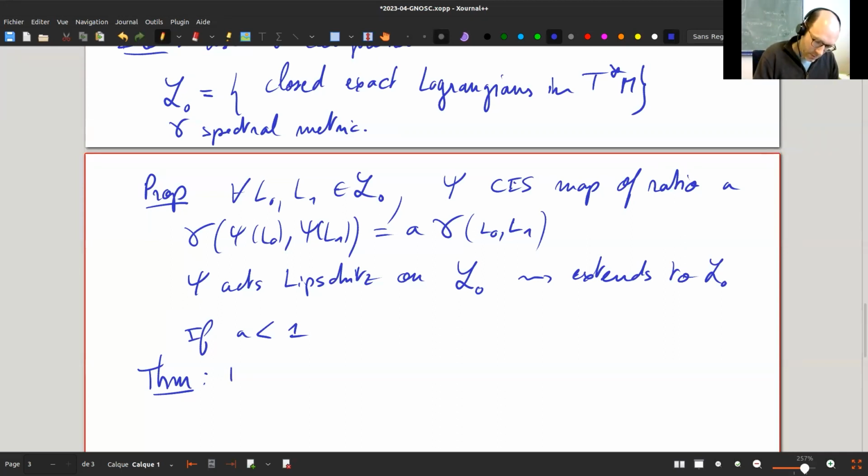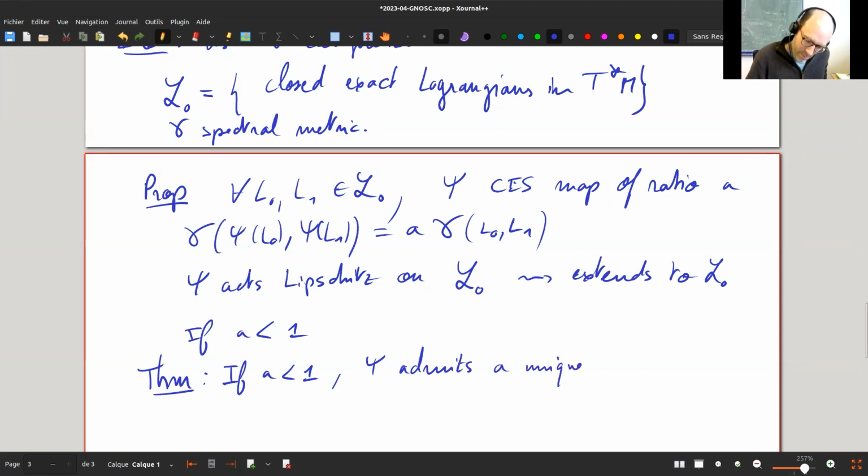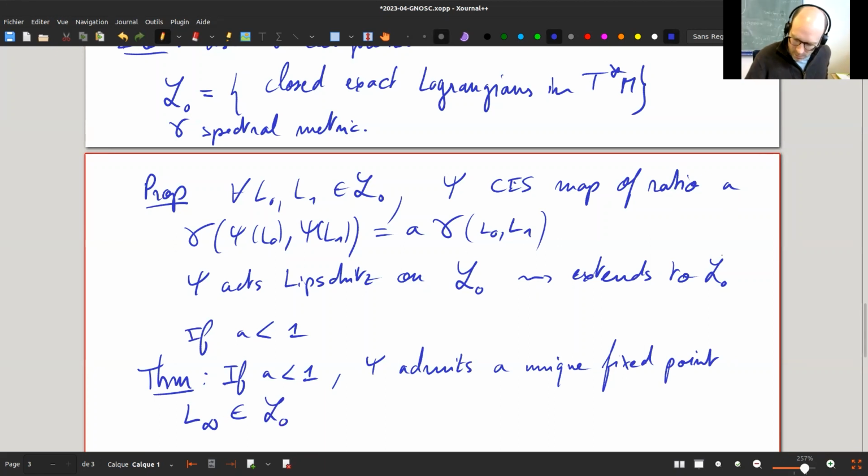So if A is less than 1, then psi admits a unique fixed point that I will denote L infinity, and this lives in the completion. I forgot the hat here. Psi extends to the completion.